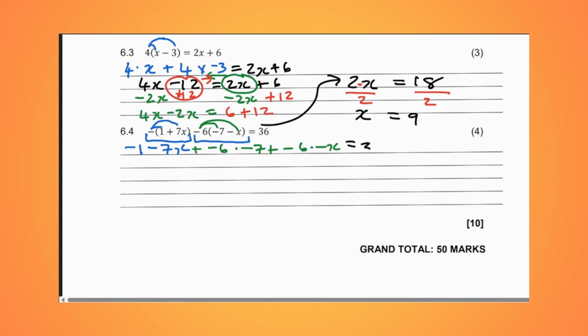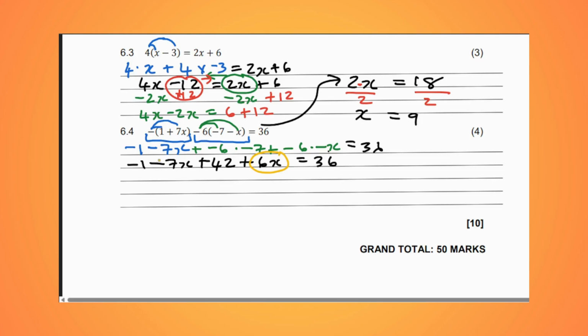Okay, the 36 didn't change. So we have minus 1 minus 7x. Then minus 6 times minus 7 is going to be positive 42. And minus 6 times minus x is going to be positive 6x. Is equal to 36. Then we go add our like terms.